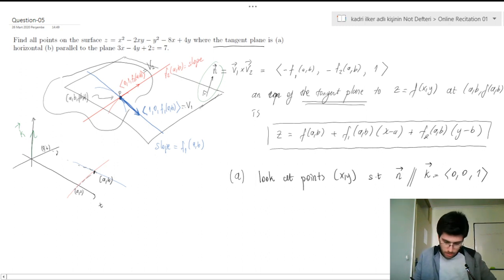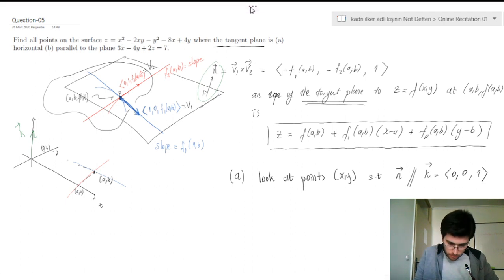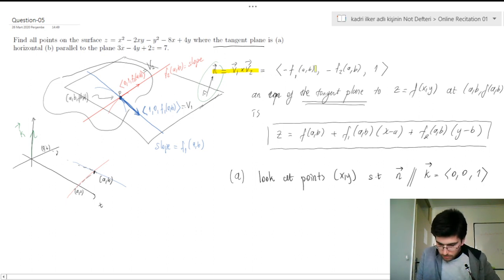So somehow, we already computed. If you look carefully, we already know what this n is.